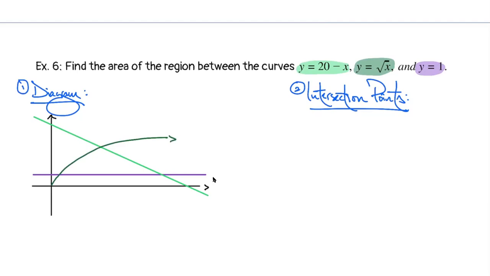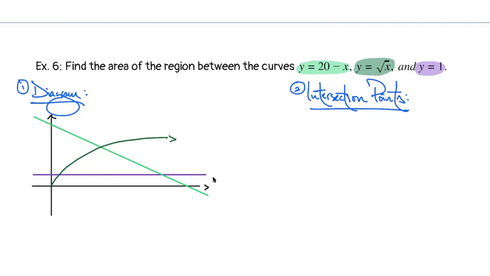So we have 3 functions this time. And from the equations, I have y equals 20 minus x, y equals square root of x, y equals 1. Would you guess that we're doing dx or dy? X. Exactly, dx, because everything has x's in the equation part, right?